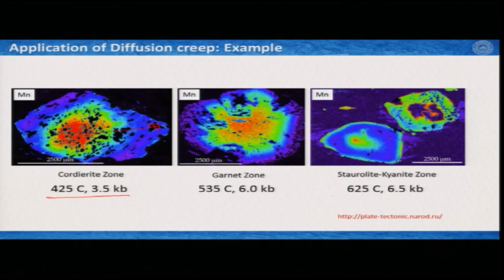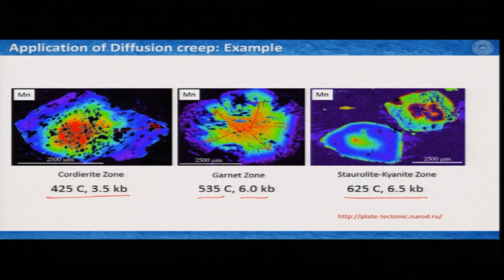When temperature and pressure are elevated to 535 degrees centigrade and 6 kilobars in the garnet zone, you see that the manganese is diffusing towards the rim. Even at higher temperature and pressure, in the staurolite kyanite zone, the manganese is more or less homogeneously distributed, and its concentration has even increased at the rim, and also, I am sorry, at the inclusion boundaries.